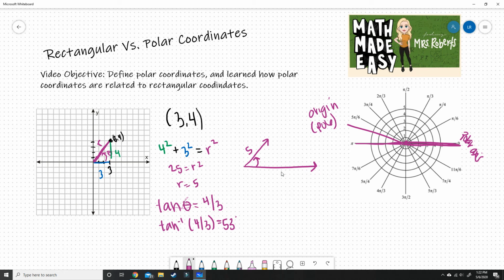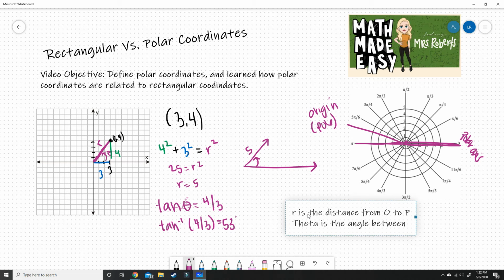So r is the distance from the origin to the point, and theta is the angle between the polar axis and the segment OP. So let me type that out because I'm not so great at writing with the pen. So r is the distance from the origin to our point, and theta is the angle between the polar axis and the segment.